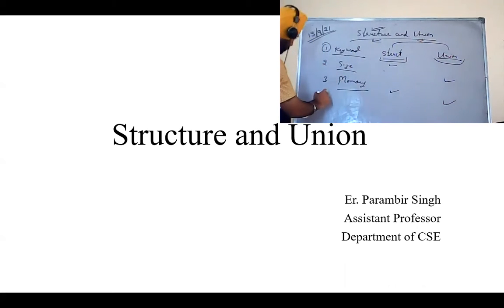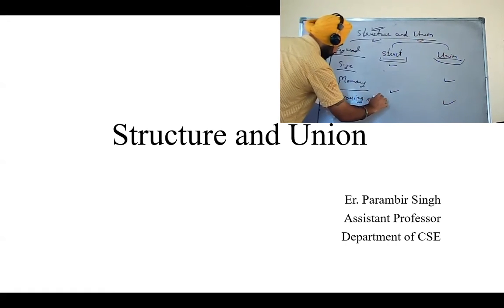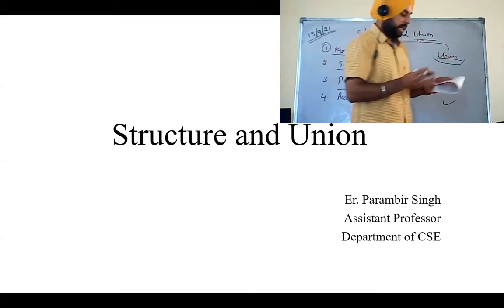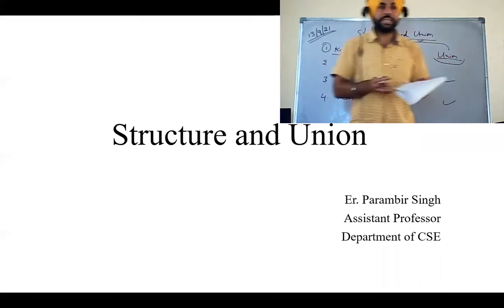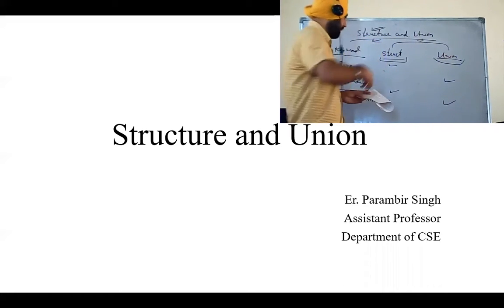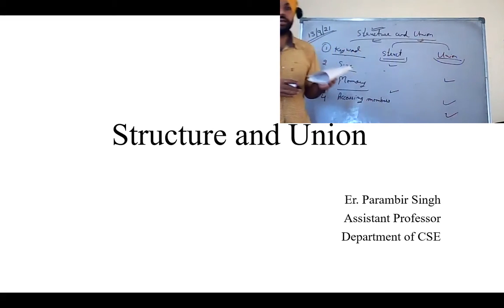Okay, the fourth difference is accessing members. In the case of structure, individual members can be accessed at a time. On the other hand, in the case of union, only one member can be assigned at a time.